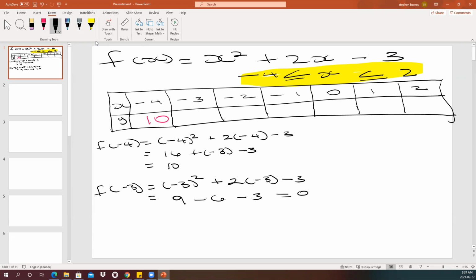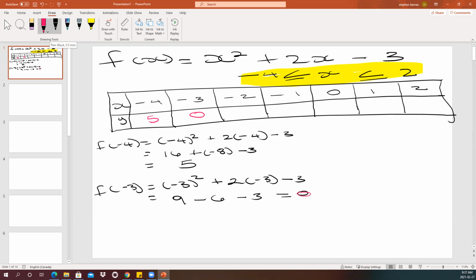So let me just write this properly. So right here, we would have 5, right? And then our answer for f of -3 is 0. So we would have 0 right there, all right?